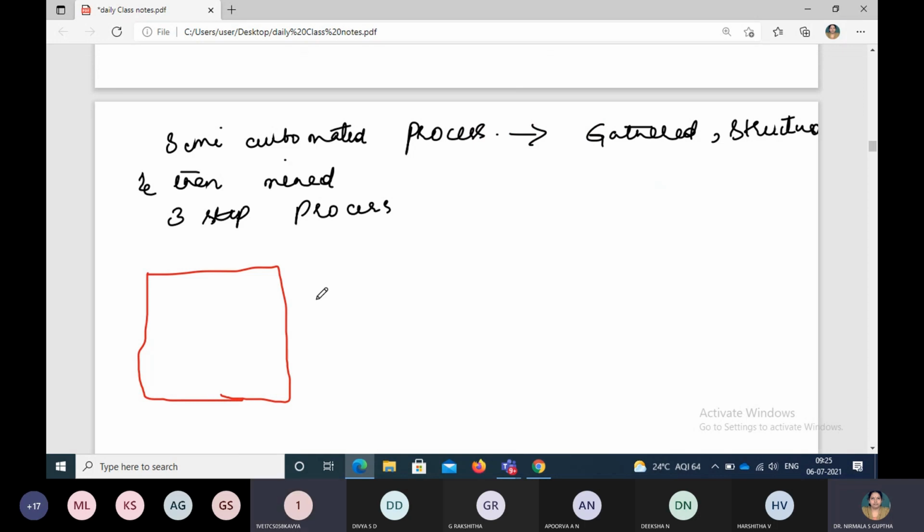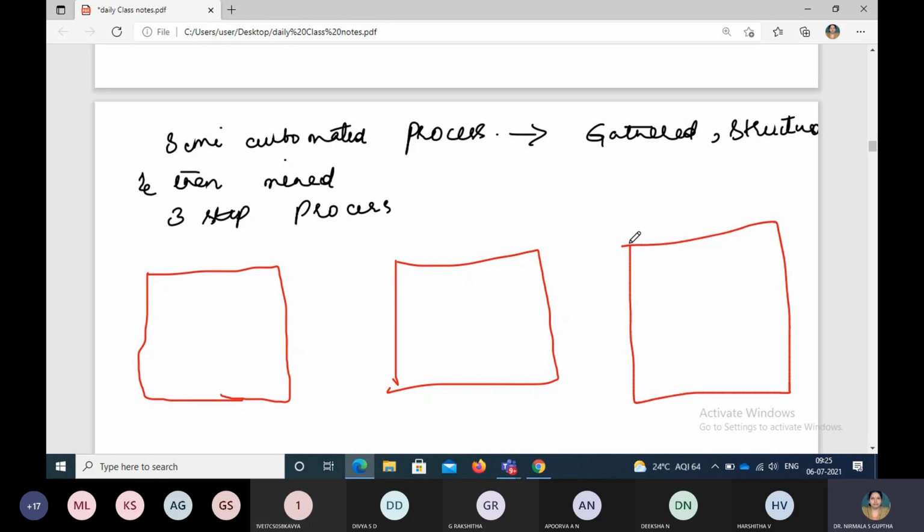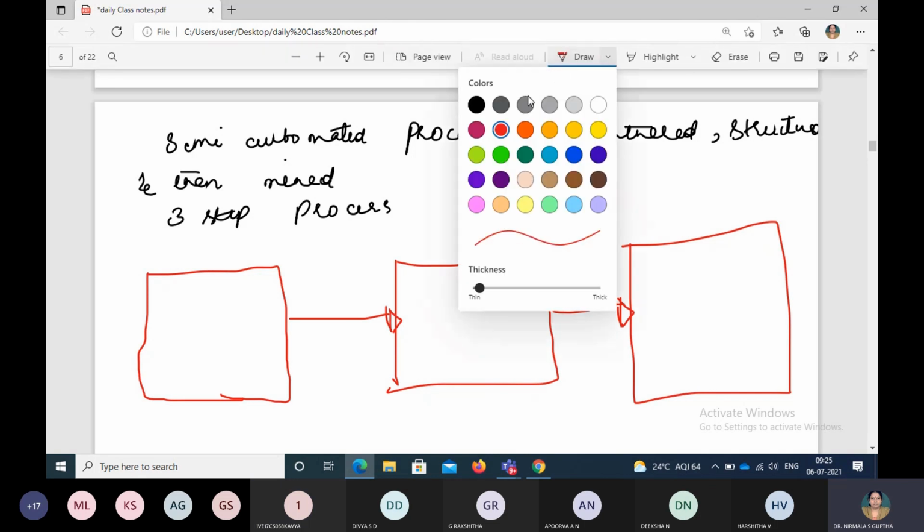This is my one for particular phase. Okay, I'm not drawing exactly the straight lines for the architecture diagram. Okay, so there are 3-step process as I mentioned. Okay, okay, okay, this is the one. 1 minute.